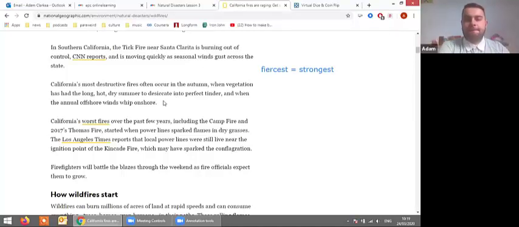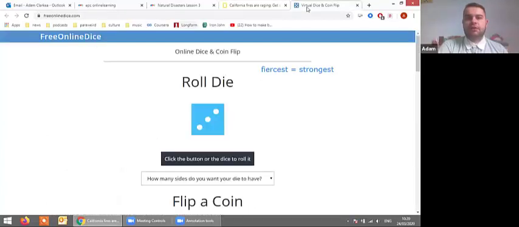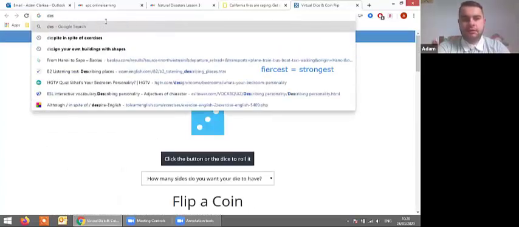California's most destructive fires often occur in the autumn, when vegetation has had a long, hot, dry summer to desiccate into perfect tinder, and when annual offshore winds whip onshore. Good. Let's check that word, desiccate.